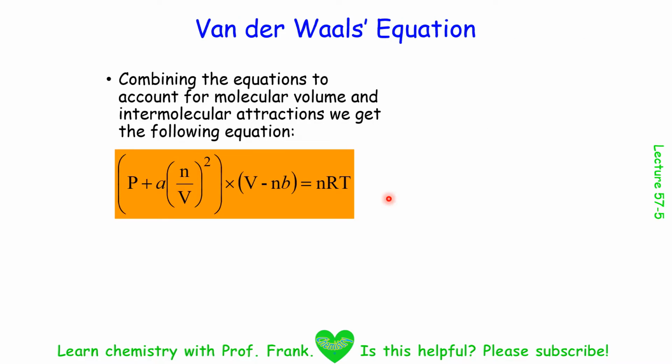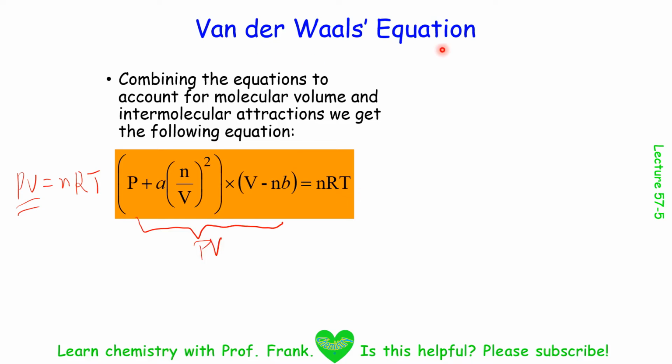Now let's take a look at the whole van der Waals equation. The ideal gas law equation is PV equals nRT. Now the PV part, after van der Waals modification, becomes this right here, and then equals nRT.